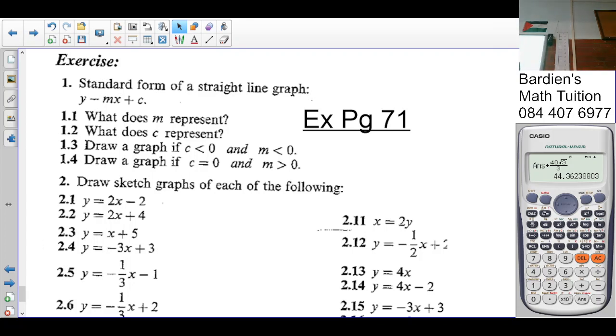So, the sums I want you guys to do for homework is as follows. This is the only exercise in this chapter. I want you guys to try and see what you can answer out of number 1. I don't want to give you just the answers. See who can actually come up with these answers.